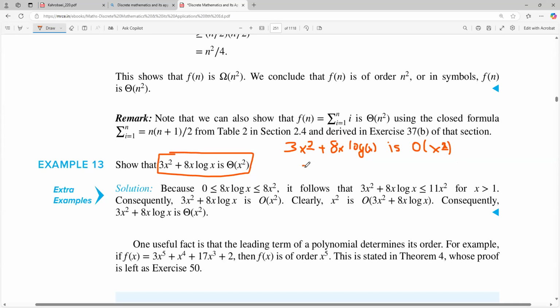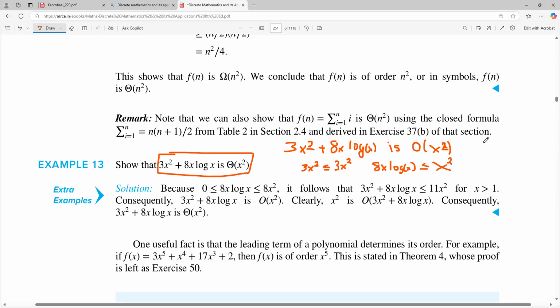Let's say 4. So we have 3x squared. We know 3x squared is less than or equal to 3x squared. And we also know that 8x log x is going to be less than or equal to x squared because polynomials always grow faster than logs. So we just add them together.